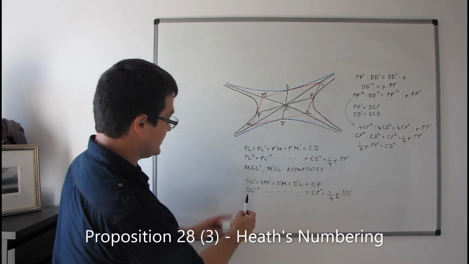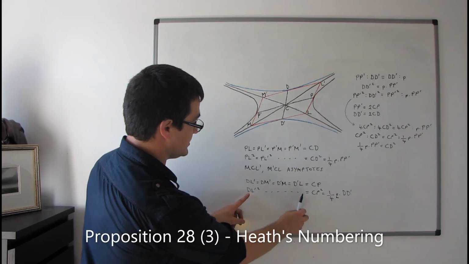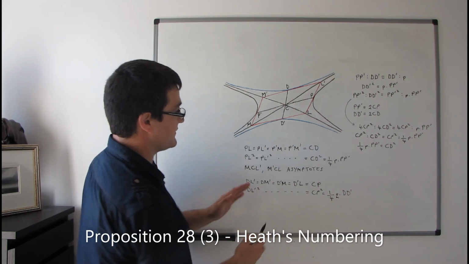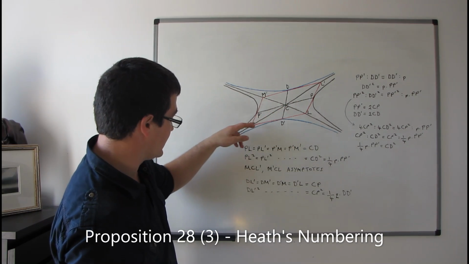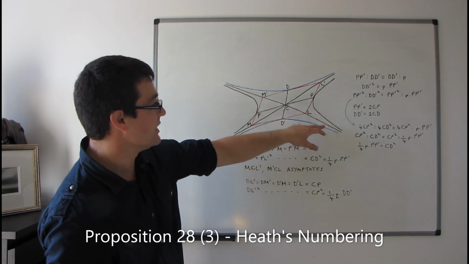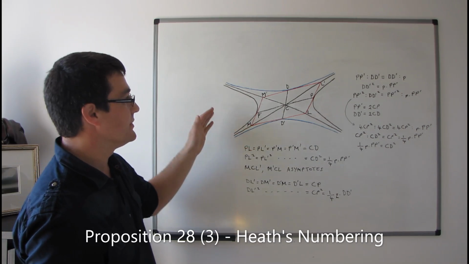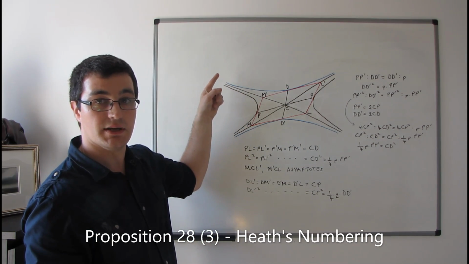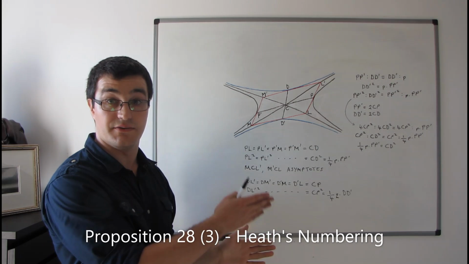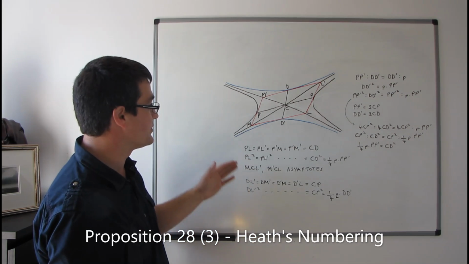And therefore, all of these quantities satisfy the right conditions for M primed CL and L primed CM to also be asymptotes of the blue hyperbola in here. So this is going back to the first part of the proposition that I proved.